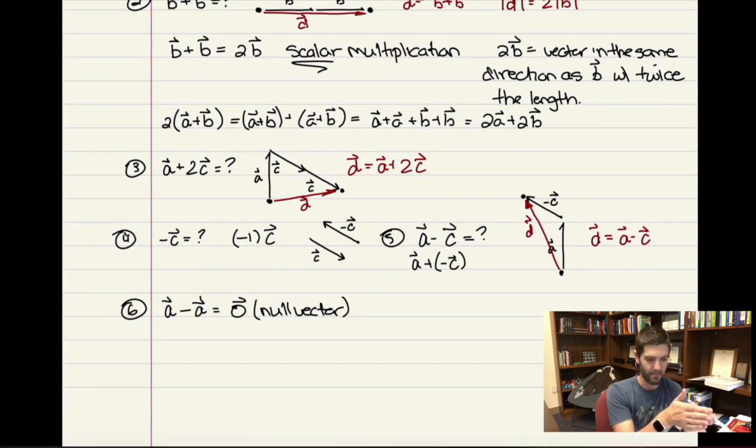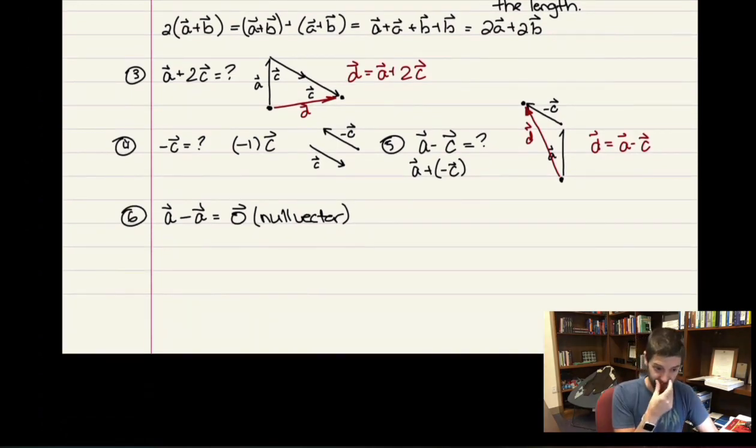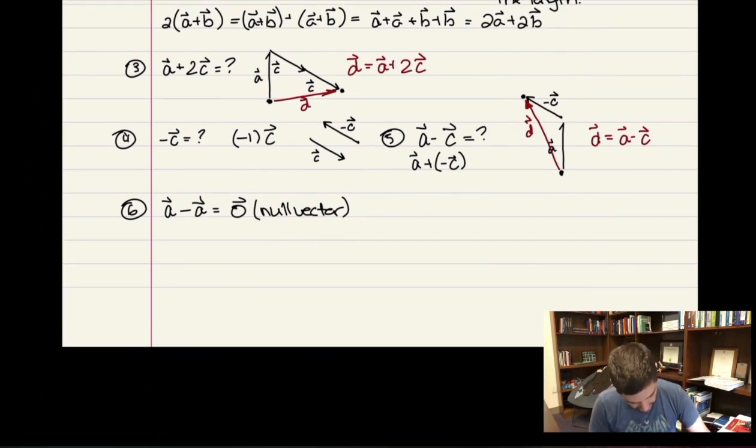You can imagine I started at one point and I walked 5 miles to the east, then I turned around and I walked 5 miles to the west. Obviously, my overall displacement is 0. I'm back to exactly where I started. But if we're talking about directionality, we have to also think of it as a vector, so we call that the null vector. And it is the only vector where the magnitude is 0. It is the only vector that has no length. All other vectors have some non-zero positive length and some direction that's associated with it.